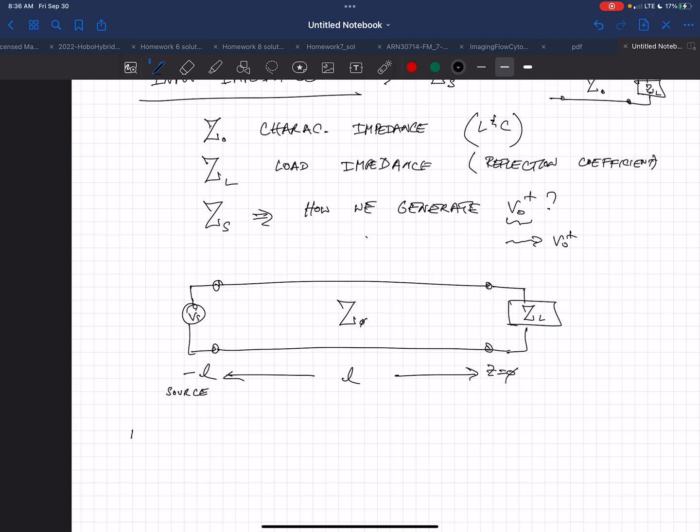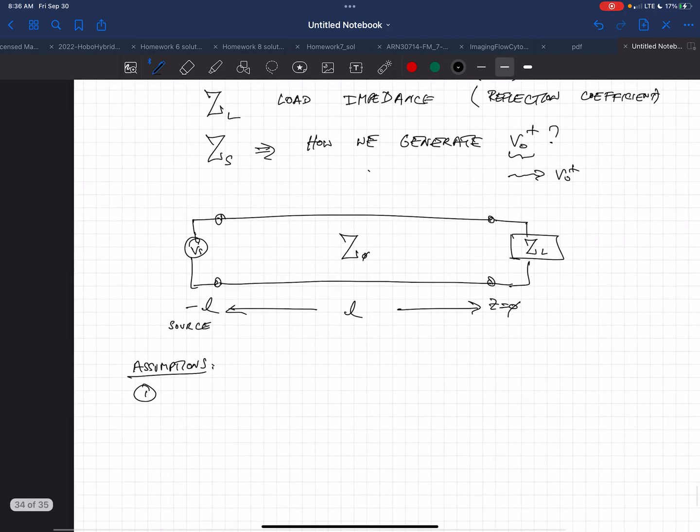So the first assumption is that the source does not have internal resistance.